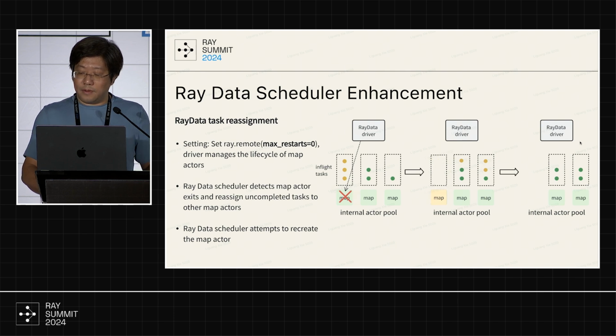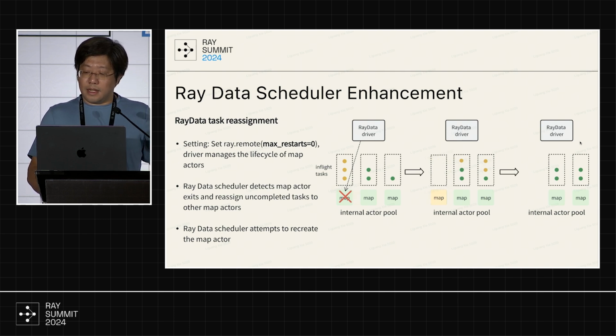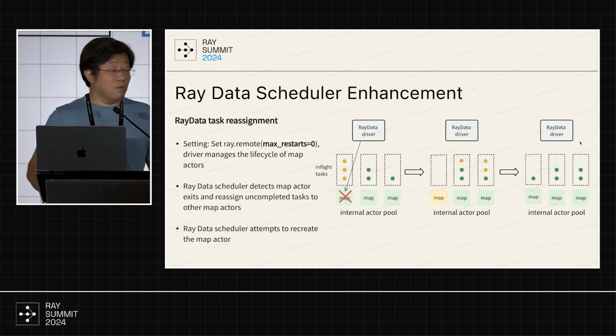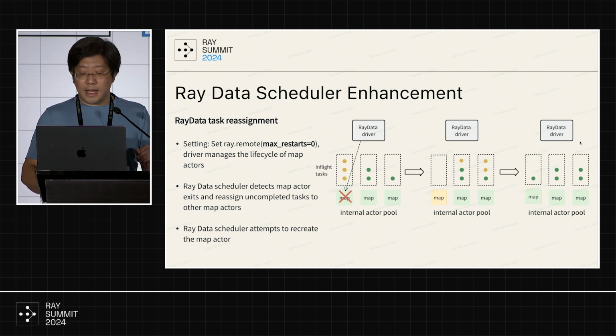The Ray Data scheduler will also create a new map actor, and if there's no available resource, the actor will be in a pending status, but this does not block any execution of the Ray Data task. Once new resources are added, the actor will move to the running state and rejoin the actor pool.